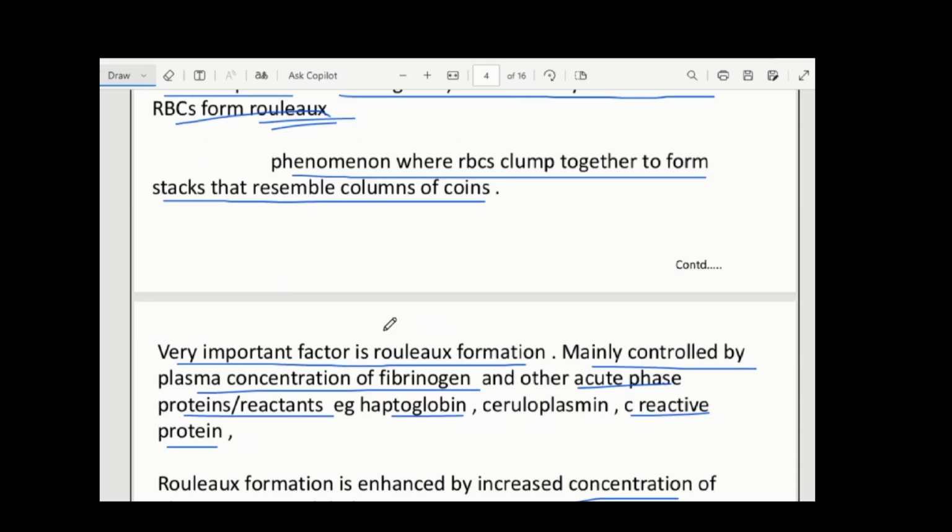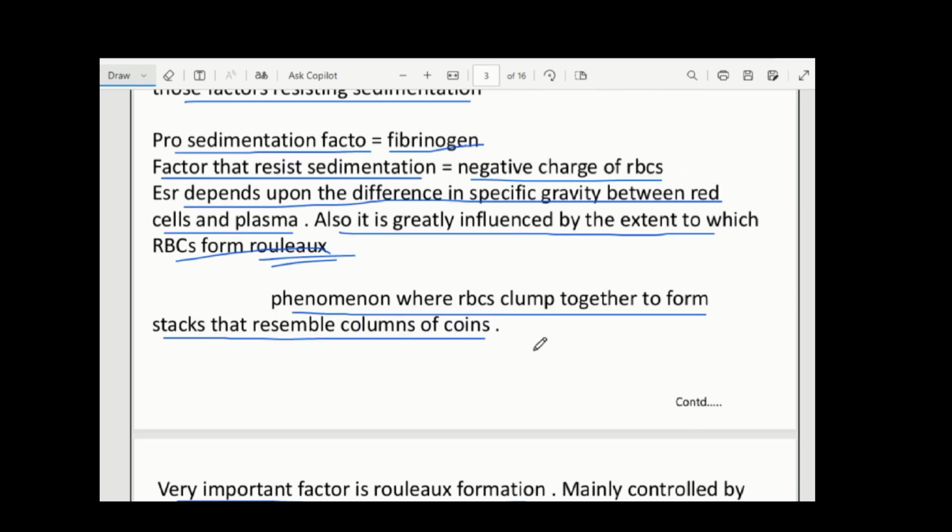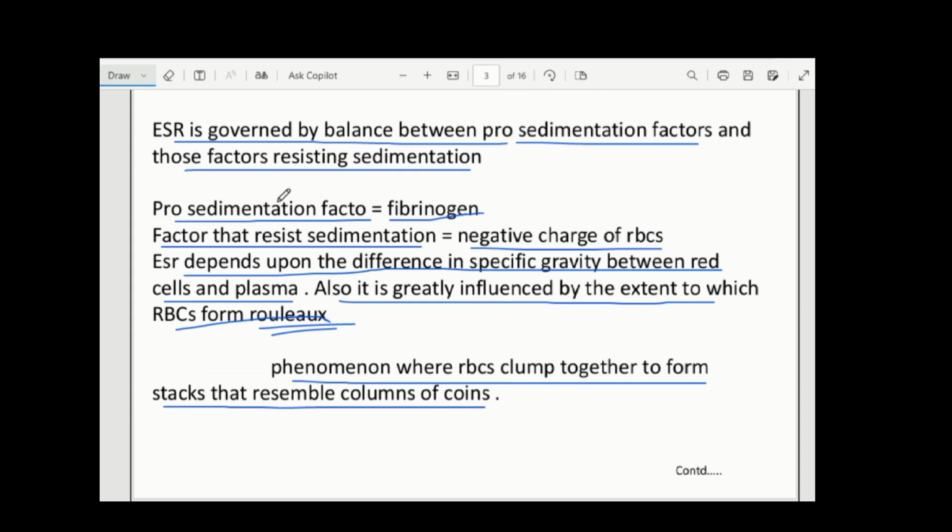So the pro-sedimentation factors help in sedimentation, and the negative charge of the RBCs, called zeta potential, resists it. If zeta potential is decreased, that will promote rouleau formation and hence raise the ESR.